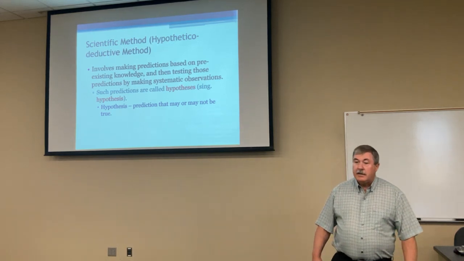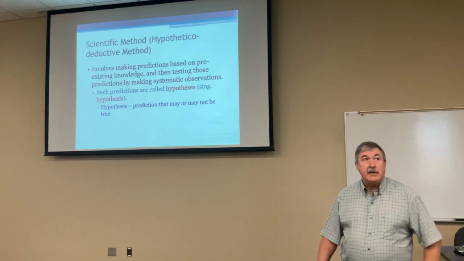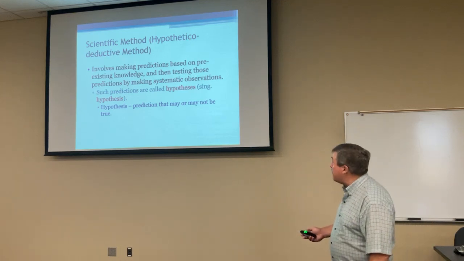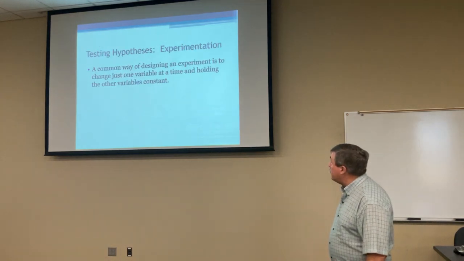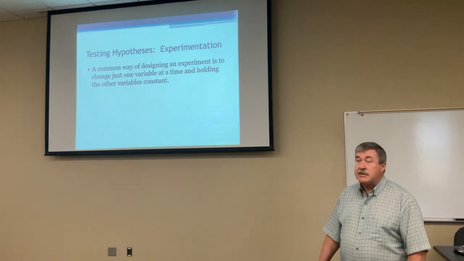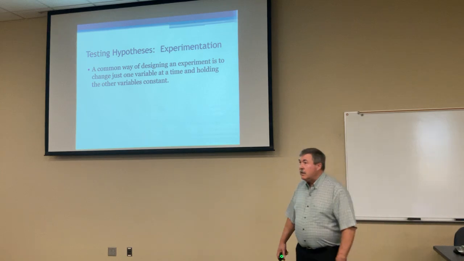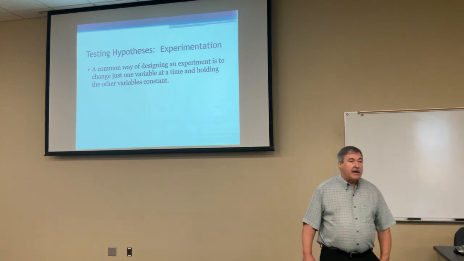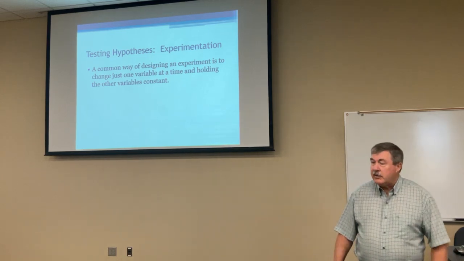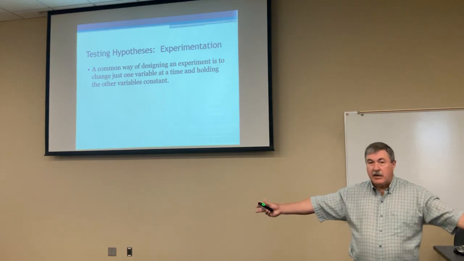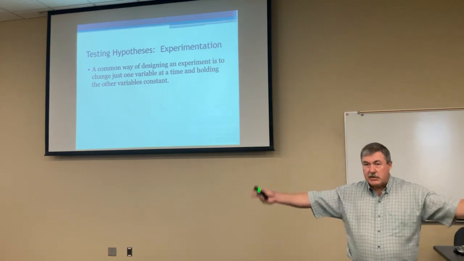Okay. So what scientists do then is they carry out an experiment to test that hypothesis. And one very common method of carrying out an experiment is to have two or more groups of experimental subjects, which are the organisms you're studying.